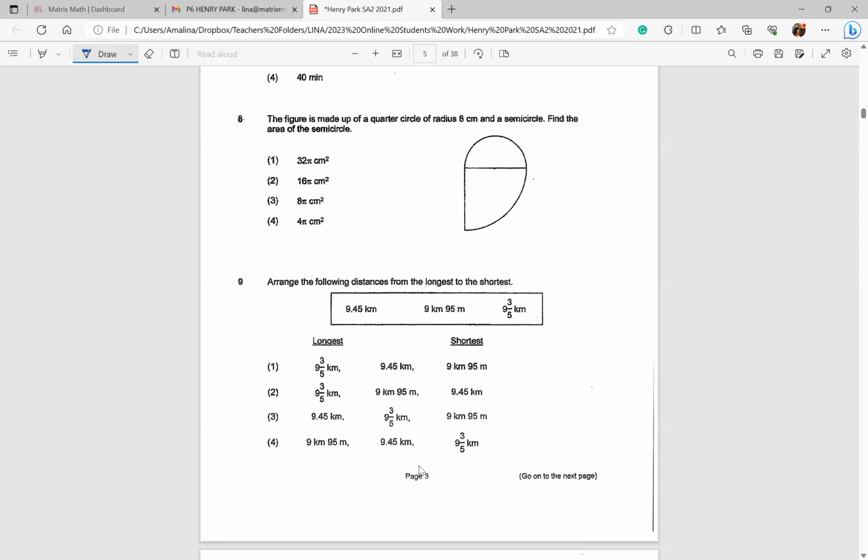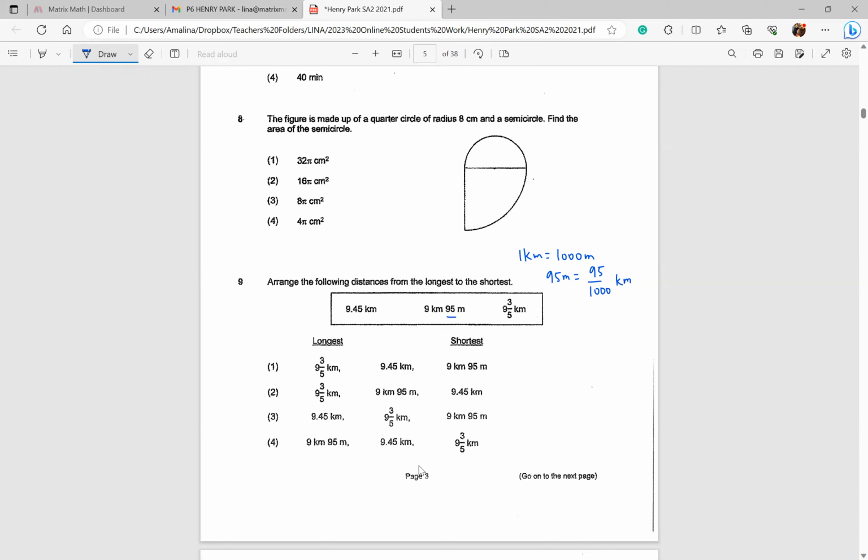Okay, so 9.45 km. Now 9 km 95 meters. How do I change this in terms of the number? So 95 meters. Remember your 1 km is equal to 1000 meters. So for 95 meters, I will need to take 95 divided by 1000 to change this to kilometers.